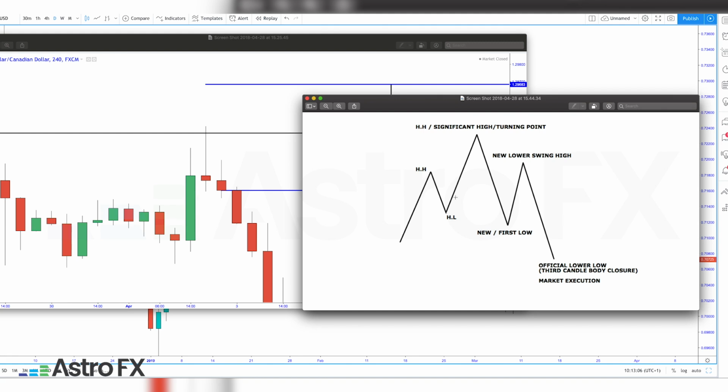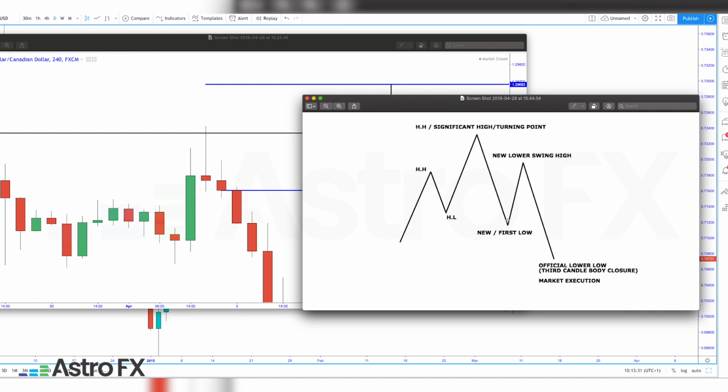Then the market thrusts all the way up into the higher high, significant high / turning point, which is the middle wick. So that's the left wick, middle wick, and then this is the 3rd wick here. So what happens is the high is made, the market trails all the way back down to form where the body closes right there.